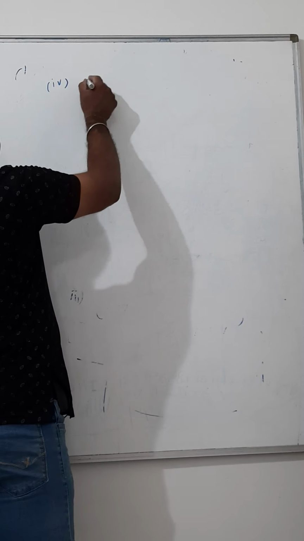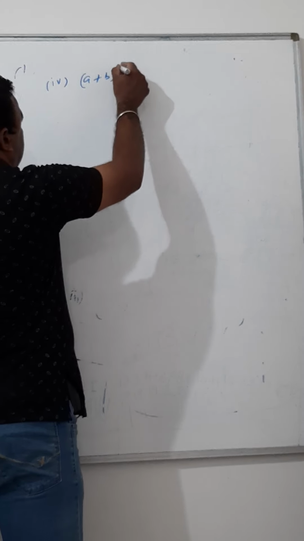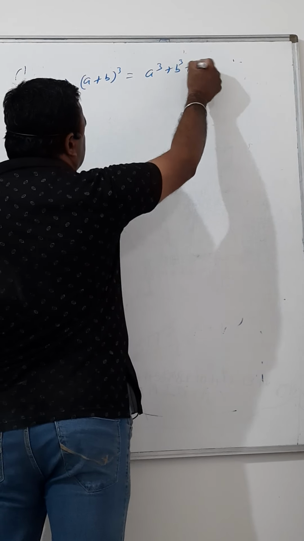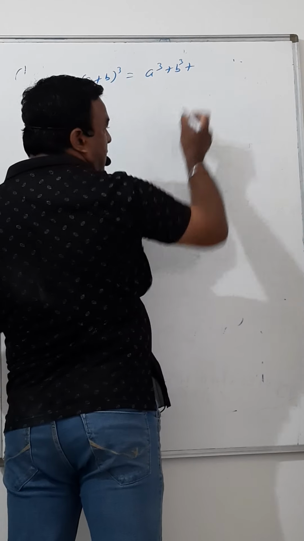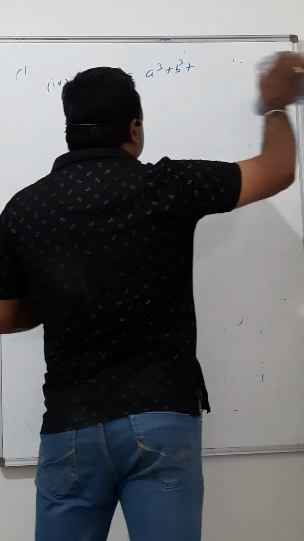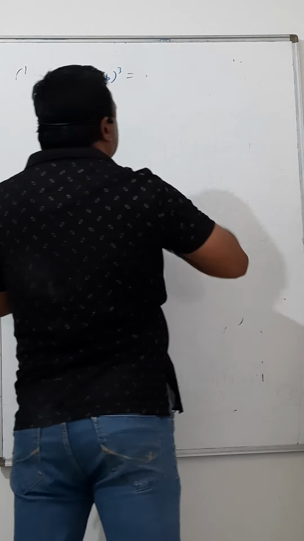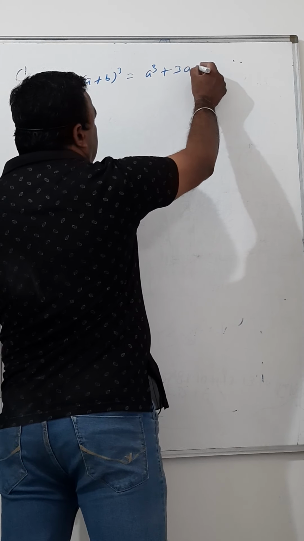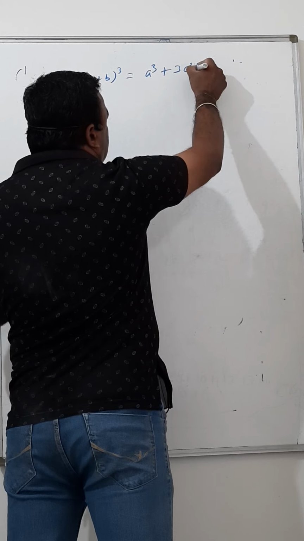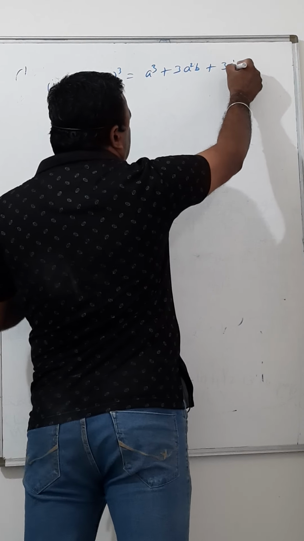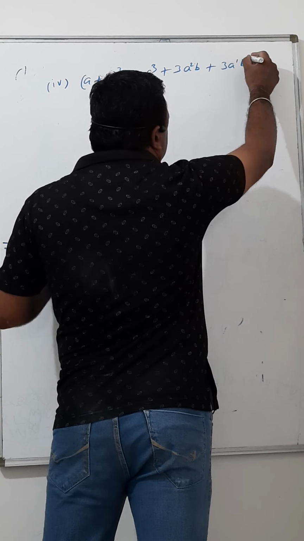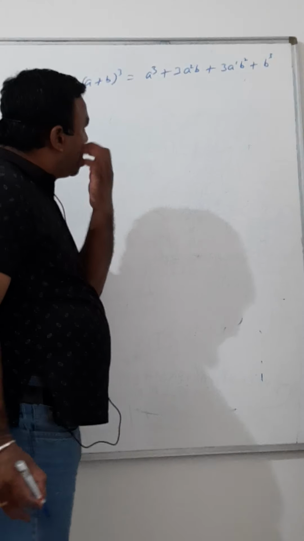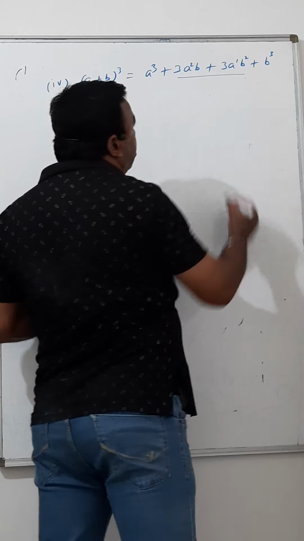Fourth formula I come to, (a plus b) whole cube. If you don't memorize it, a cube plus b cube plus, I say in this way, a raised to power 3 plus 3 a^2 b plus 3 a b^2 plus b^3. With these two, the factor 3 will come.